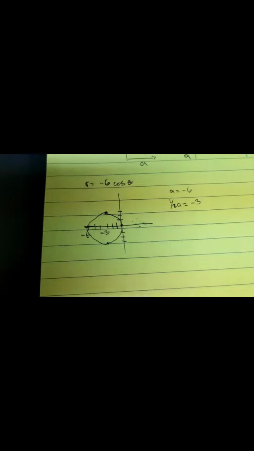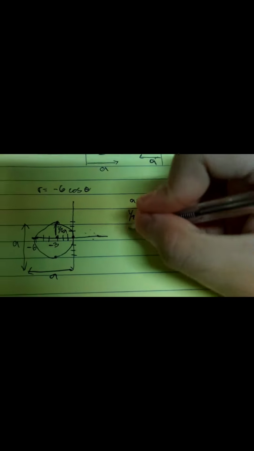You have to remember that this diameter a, which is 6, is just the diameter of a circle like this. The center of the circle is 1/2 of a, which is just the radius.